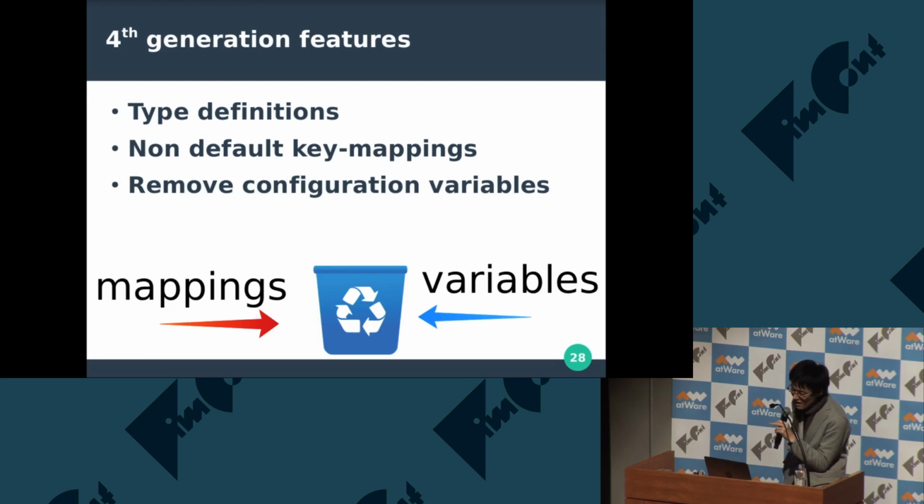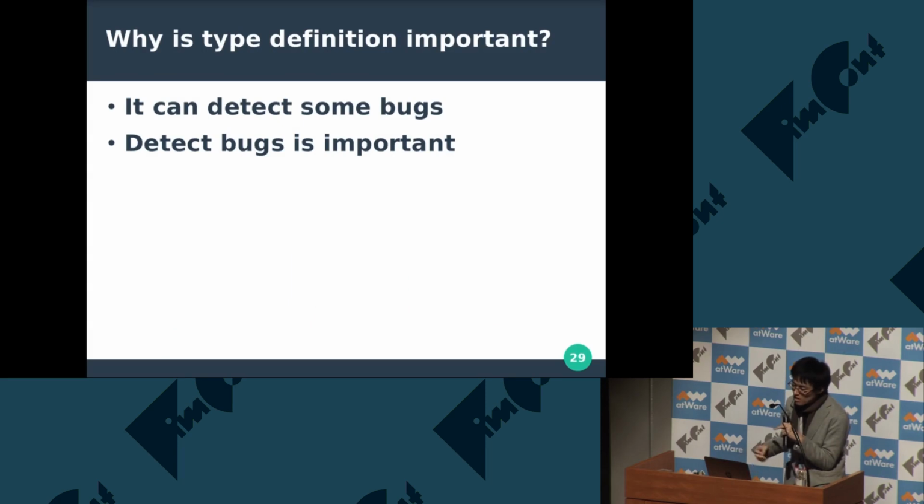I have added type definitions in the plugins. I have removed default key mappings and configuration variables. I have added type definitions into plugins because type definitions are important to detect bugs. Detecting bugs is important for long-term development.